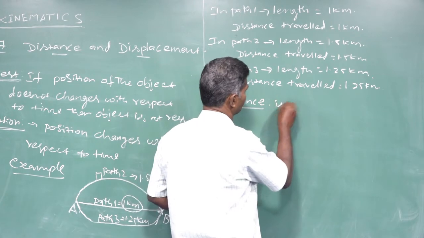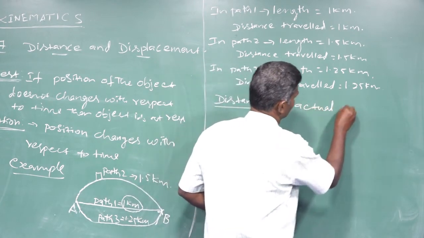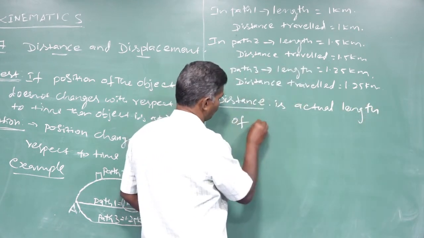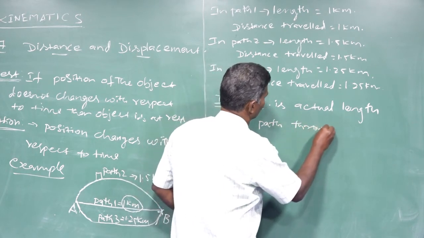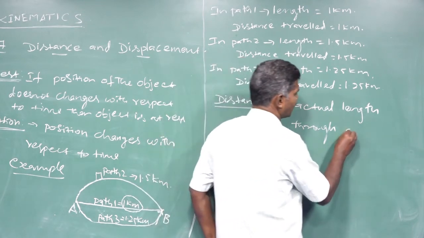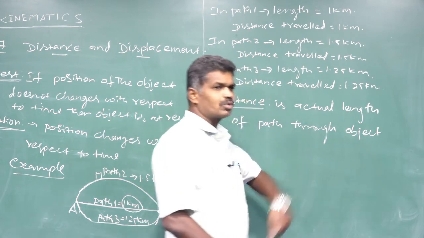Distance is the actual length of the path through which the object moves, through which the object makes a motion.